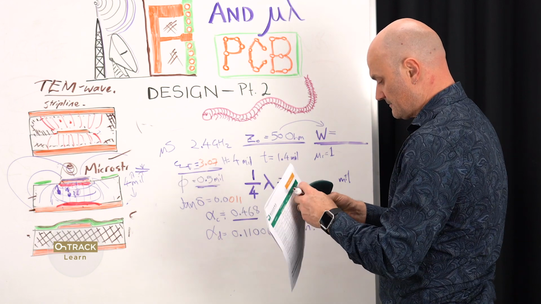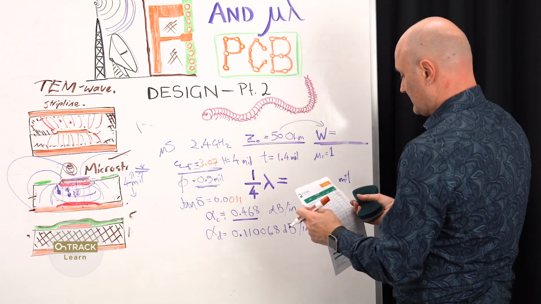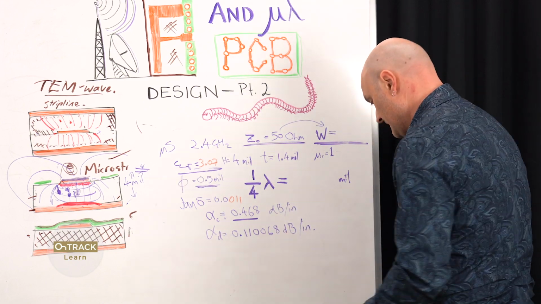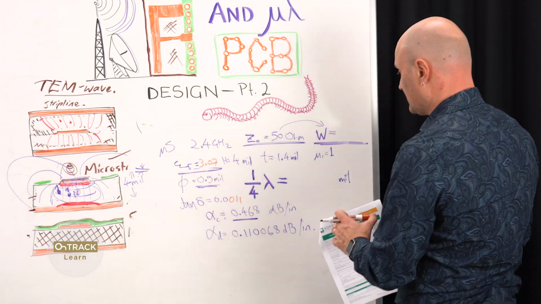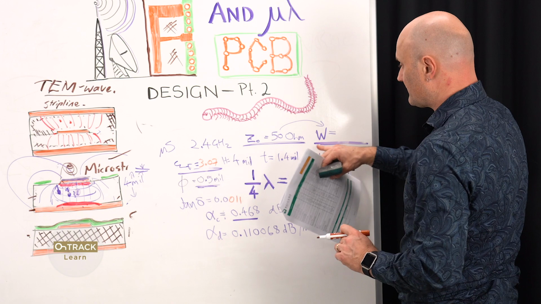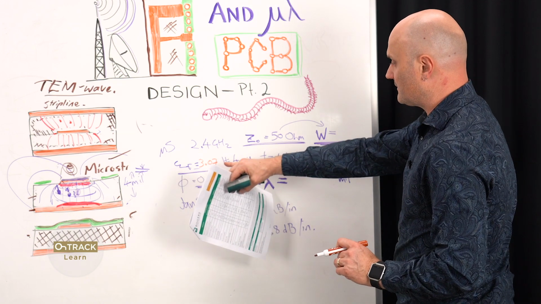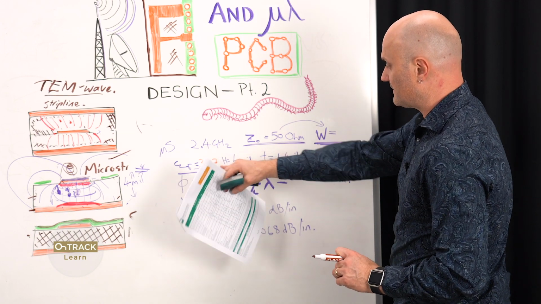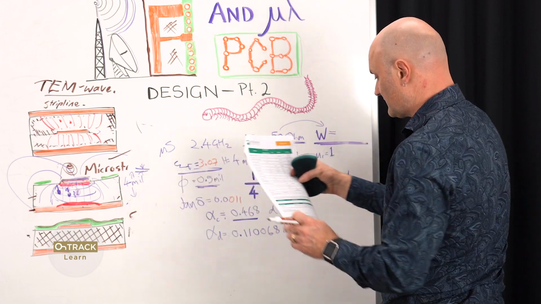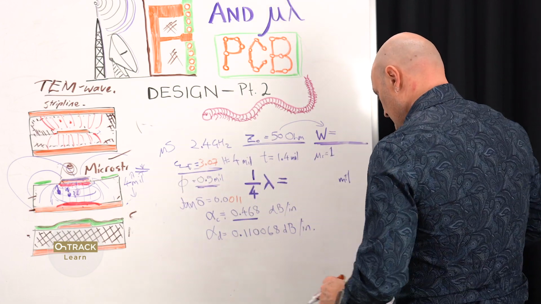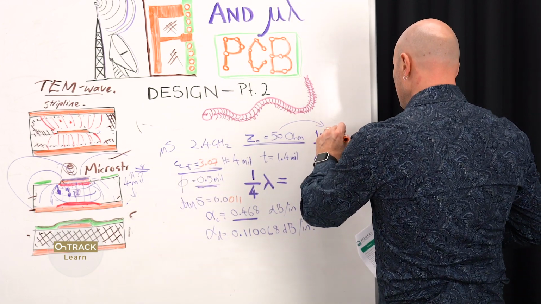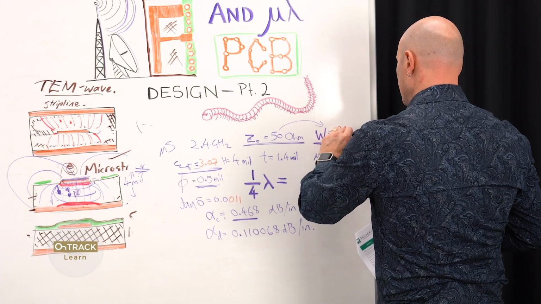Now let's have a look what happens. We rerun the numbers. Now the width of the trace for this same material thickness but different dielectric constant is now 9.1 mils. So the width actually increased.